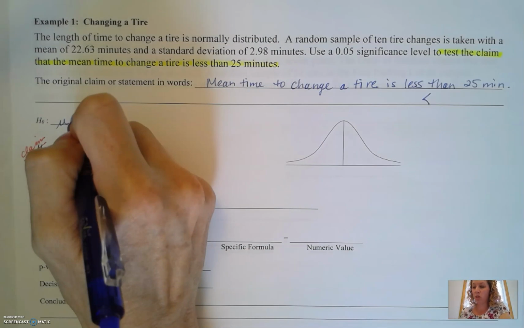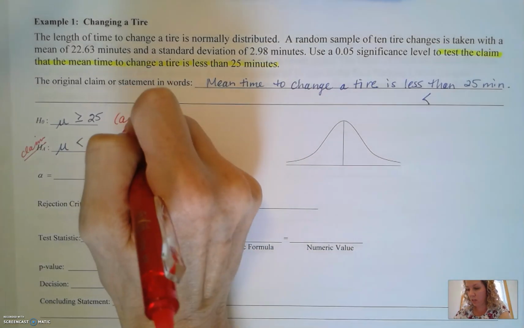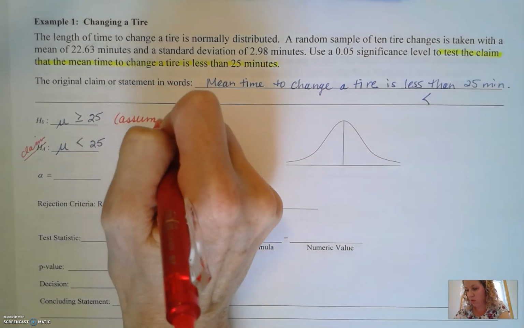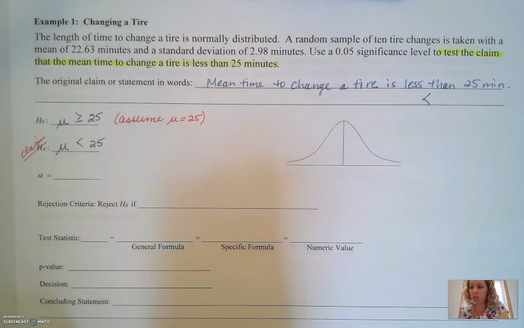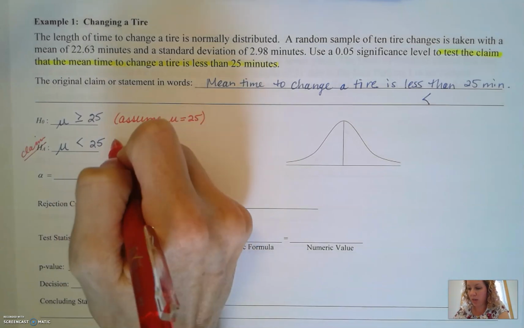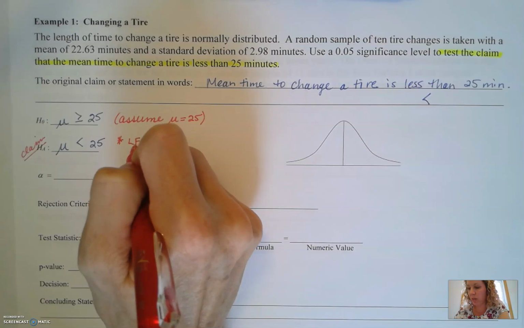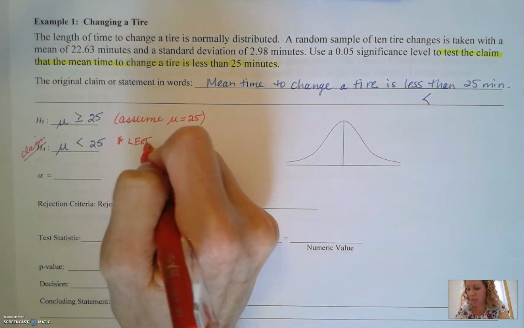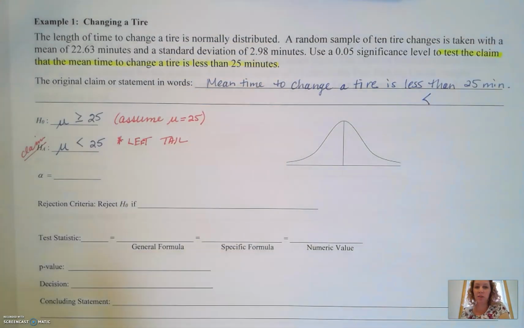This leads us to our underlying assumption. Our underlying assumption is that the claimed mean is going to be 25 minutes to change the tire. Our alternative hypothesis, H sub A, since it's a less than symbol, is going to indicate that this is a left tail hypothesis test.